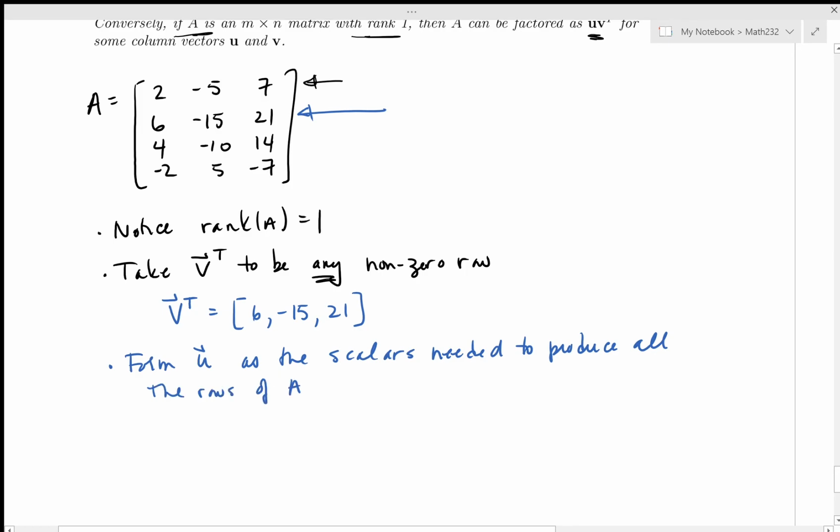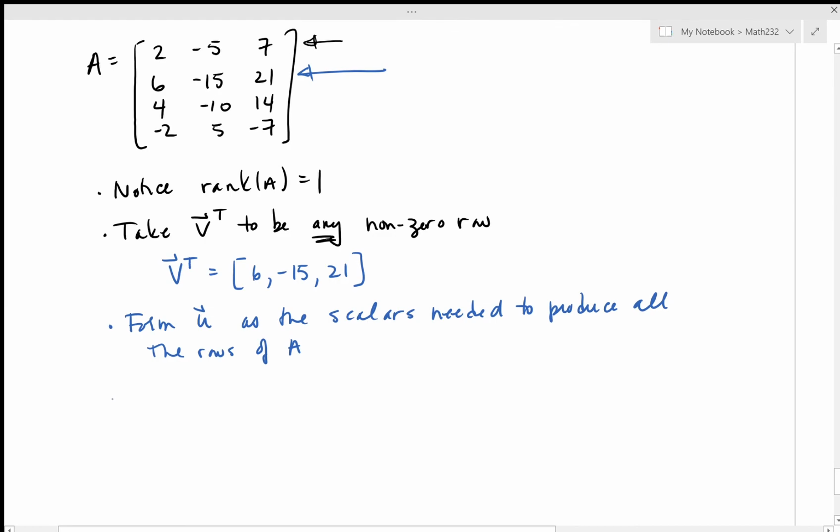What do I mean by that? Let's just write it out. In this case, U would be equal to, and the first entry in U is 1/3. Why? Because 1/3 times 6, minus 15, and 21 is equal to 2, minus 5, 7.